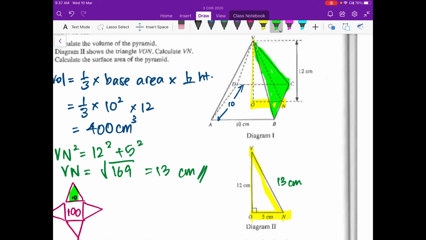Same triangle. And all four triangles are the same. When I say I want that area, I require half times the base. The base is 10. We know that already. Times the perpendicular height. So can you identify in this triangle where the perpendicular height is? What is the name of the perpendicular height for this green triangle that you see? 12 or 13? 13.